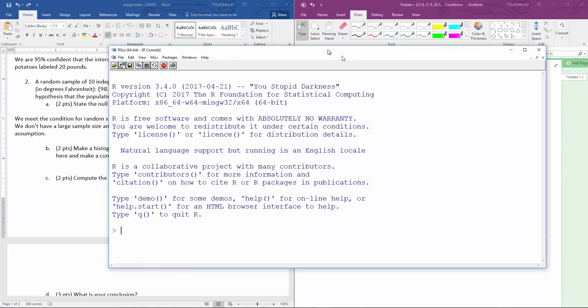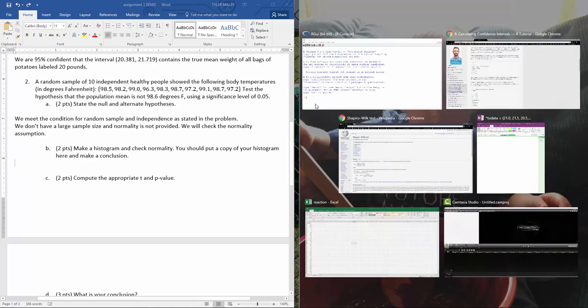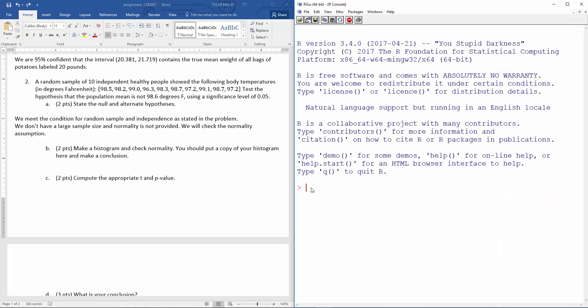So I need to go into R, and the first thing I need to do is type in my data for problem 2. I'm going to call it data 2, not too creative, but it'll work. So we have 98.5, 98.2, 99.0, 96.3, 98.3, and so on.